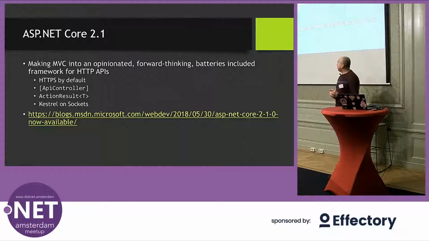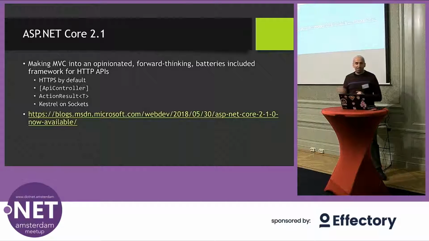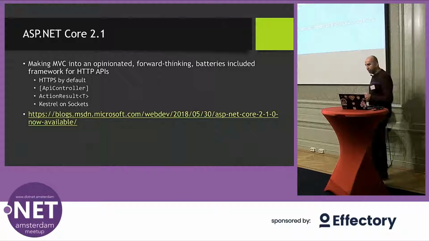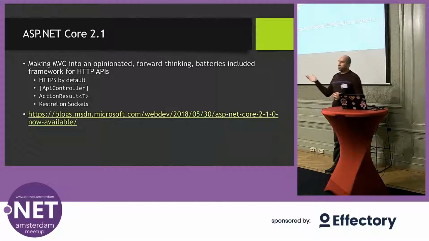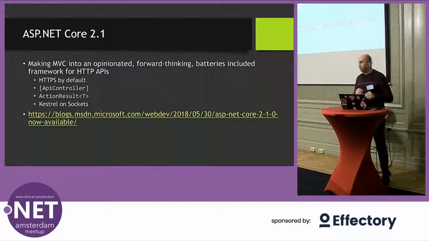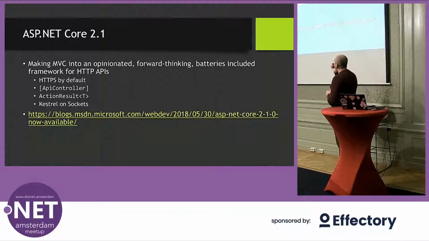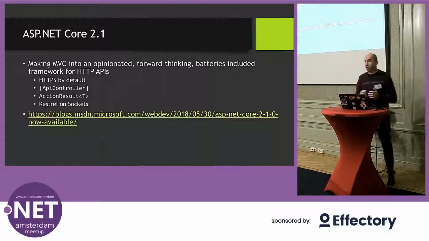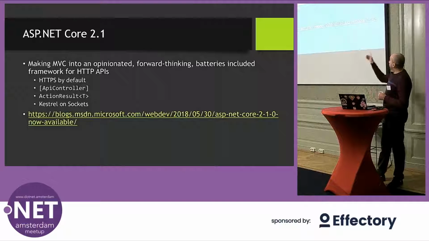Another thing, which is more low level, is Kestrel, the web server that comes integrated in ASP.NET Core, and it's not yet production ready. It's close. You need to use some kind of reverse proxy on top of it. But Kestrel got support for sockets, and that also helped with performance. Okay, so this is the link where you can find more about this version.